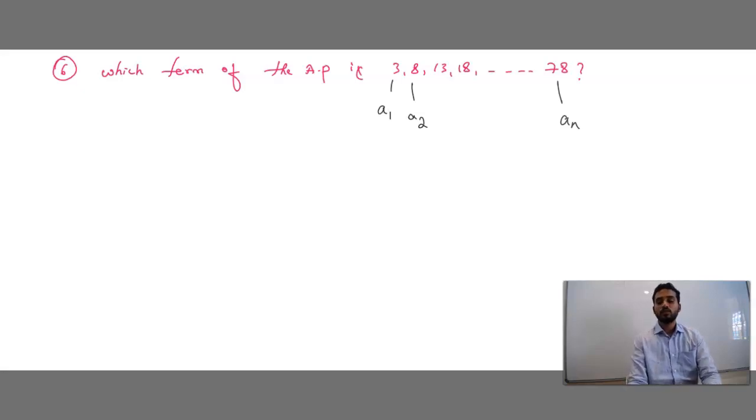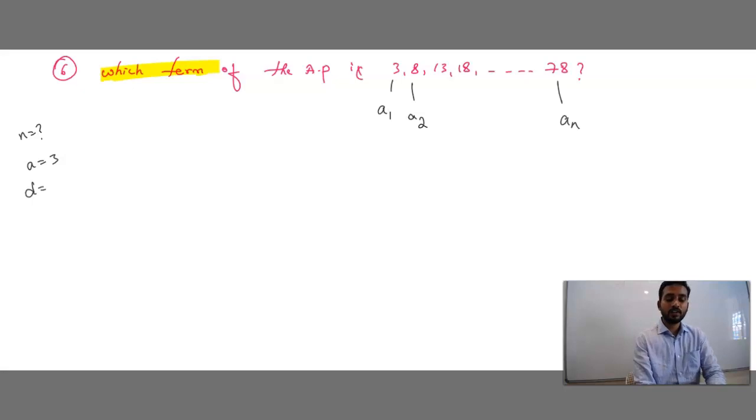So we need to find in which position 78 is present. In which position? In 10th position or 20th position or so on. Remember, which term means we should find the value of n. So what is the first term here? First term is 3.